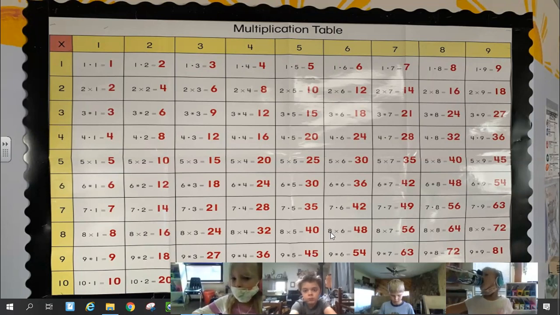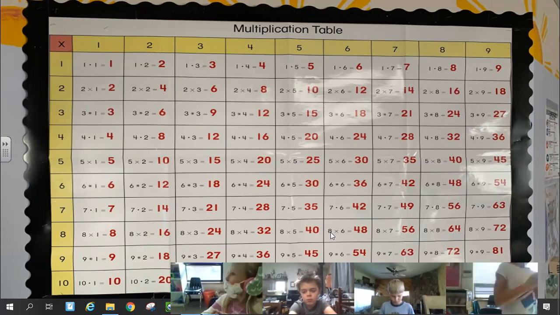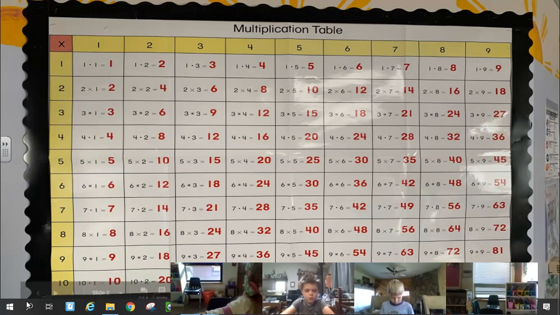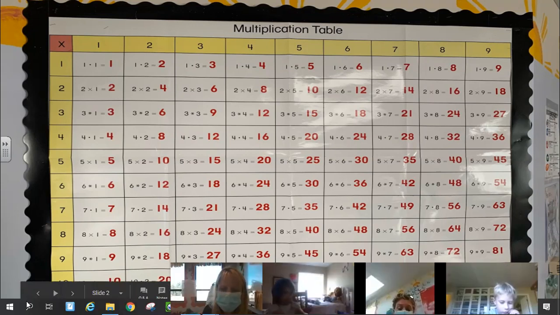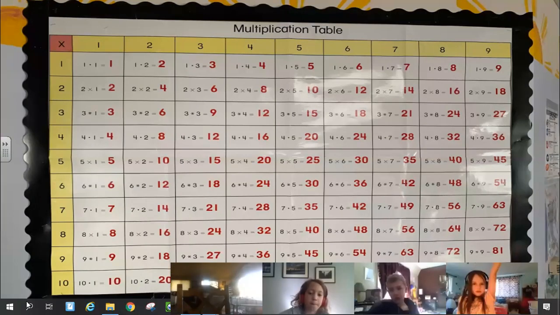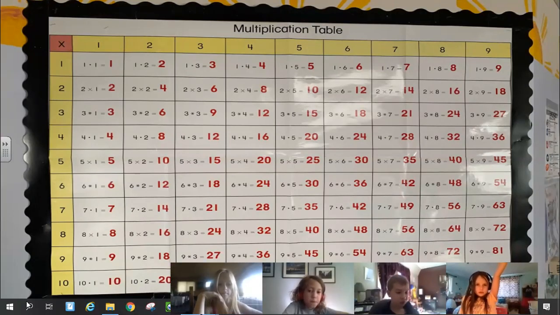All right, 18 divided by 3. Raise your hand when you have it. How many 3s are in 18? 18 divided by 3. When you know, raise your hand. I would say every hand should have shot up immediately.